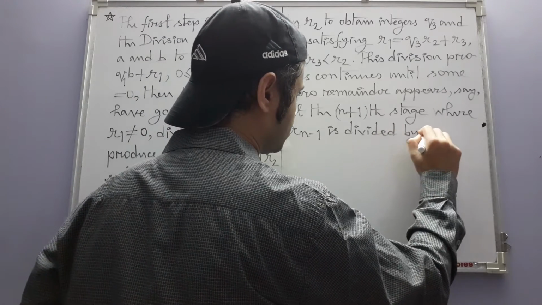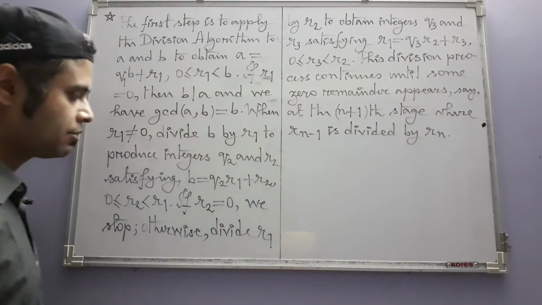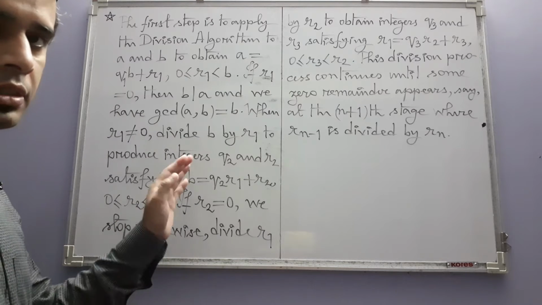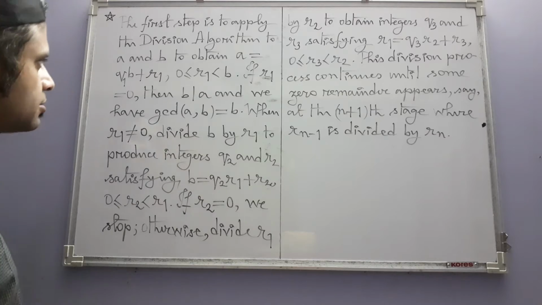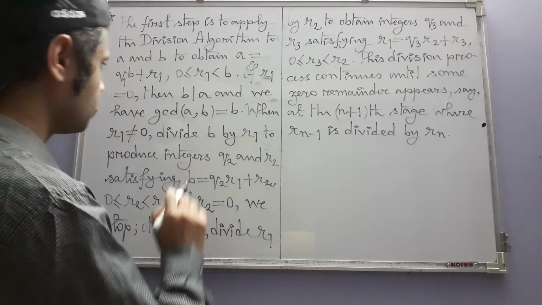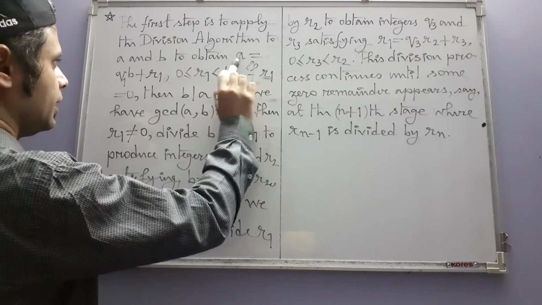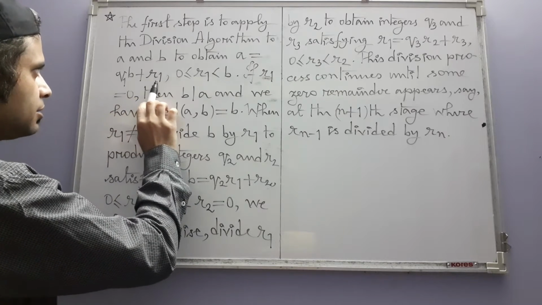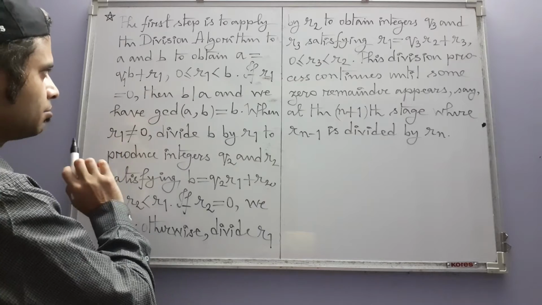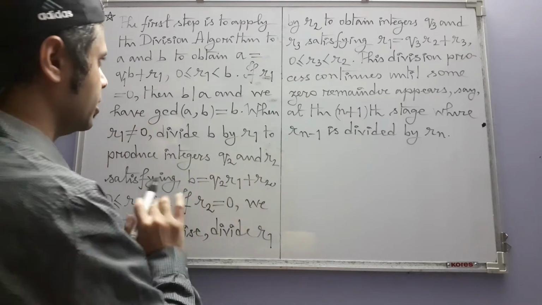Let's go through this process, this algorithm, once more to familiarize ourselves. A has first been divided by B, which gives us quotient Q1 and remainder R1. The quotient is not that important, not yet.